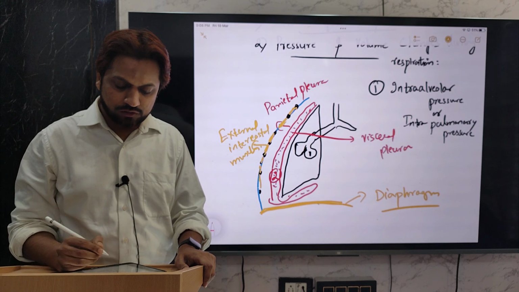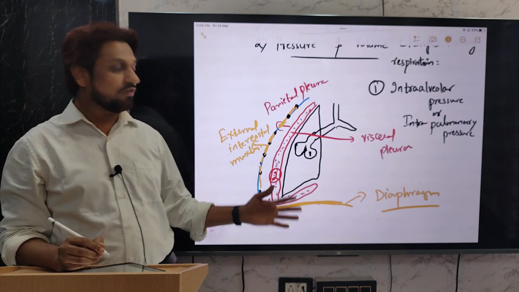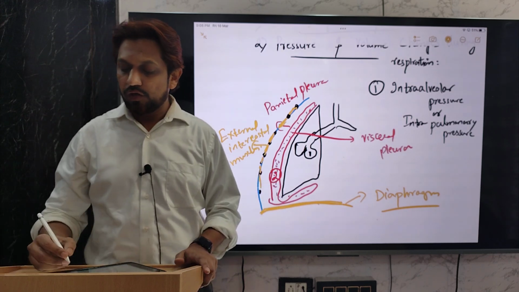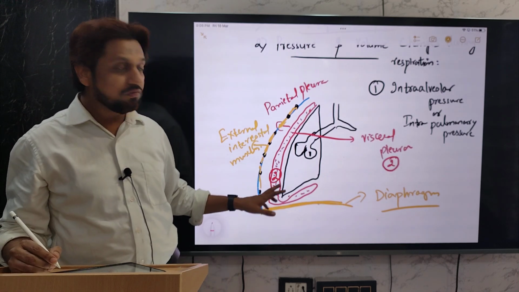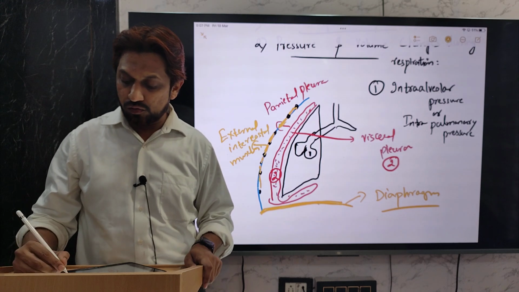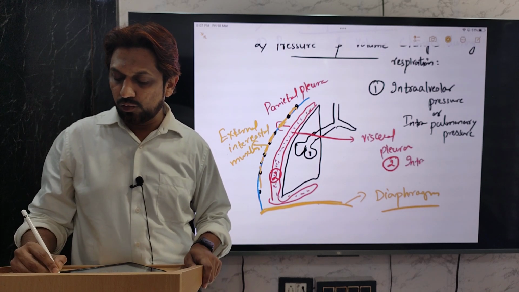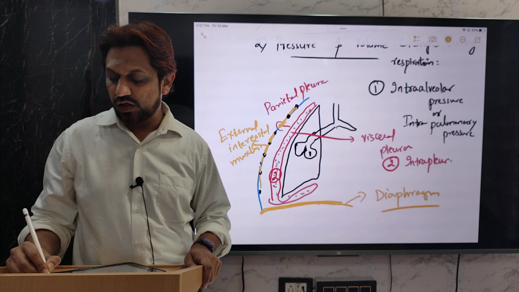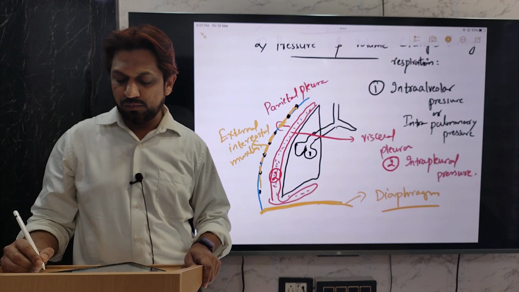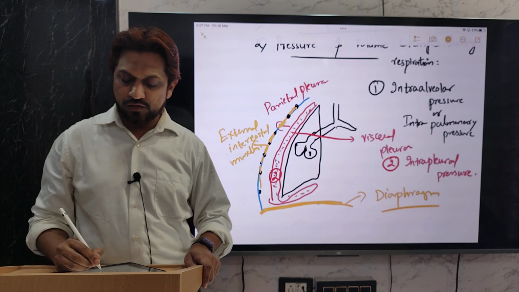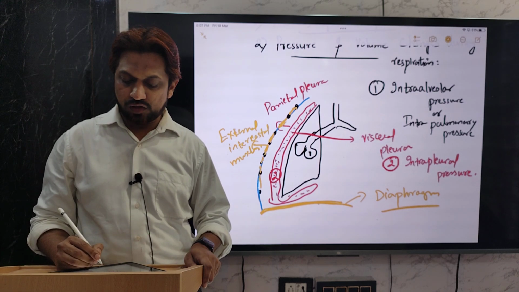So this also exerts some pressure, mainly negative. Why it is negative we are going to discuss now. The pressure present between the two layers of the pleura is known as intrapleural pressure.